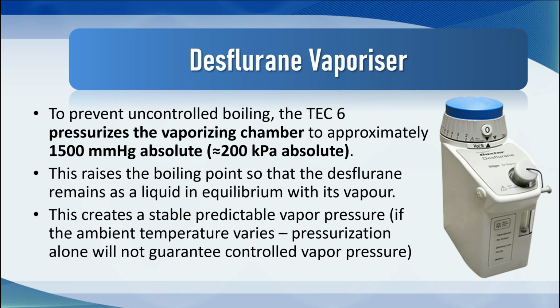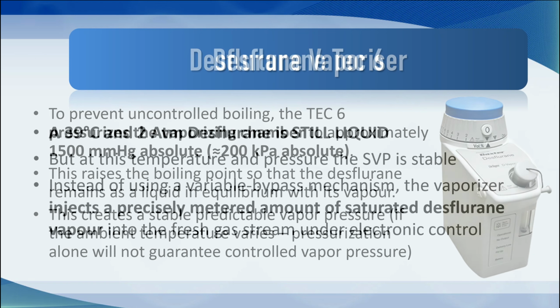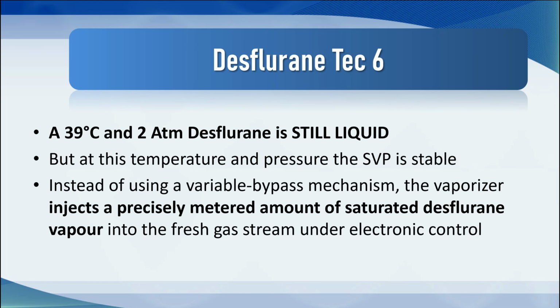So instead, the TEC 6 heats the chamber to 39 degrees, well above the likely ambient temperature, and then the heater maintains it at essentially a constant temperature so that the saturated vapor pressure is kept constant. At 39 degrees and 2 atmospheres, desflurane is still liquid, but at this temperature and pressure, the SVP is stable.